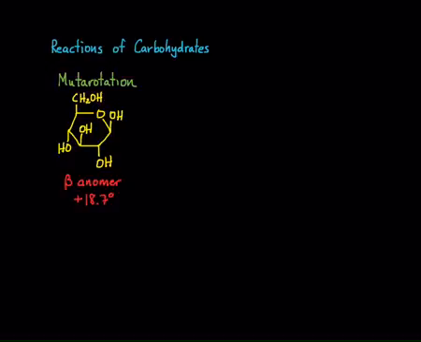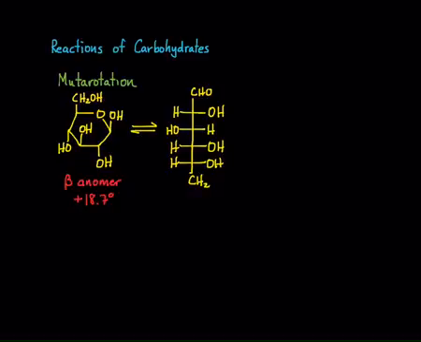Now, keep in mind though that any pyranose structure, any ring structure of a sugar, still exists in equilibrium with its free aldose. In other words, there is an equilibrium established between the hemiacetal and the aldehyde.